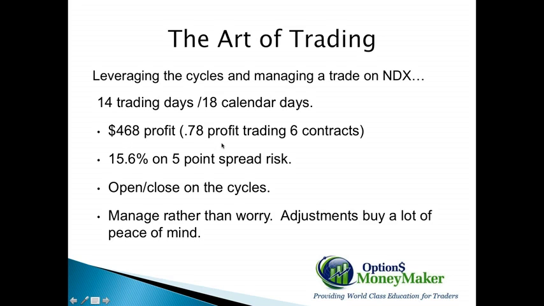We ended up with a $468 profit, after we netted together all of our profits and losses on each leg, on 6 contracts. 78 cents of profit equaled $468 of profit. That was a 15.5% return on the 5 points of spread risk.